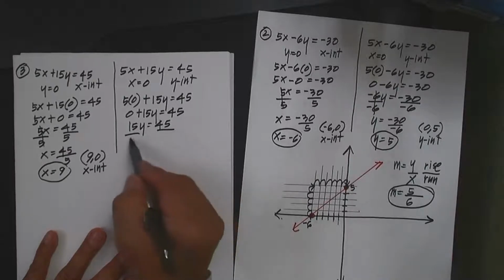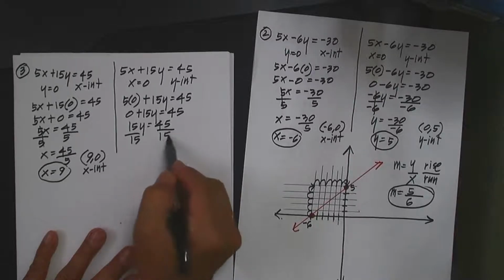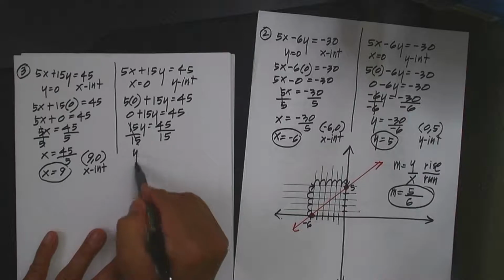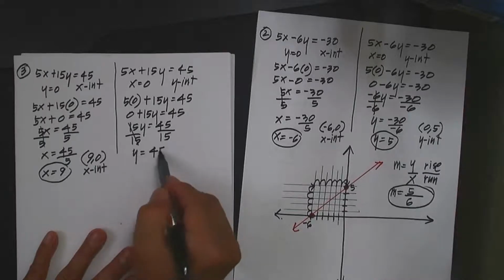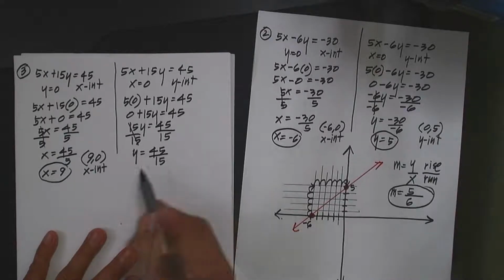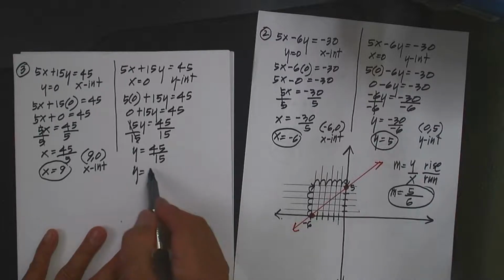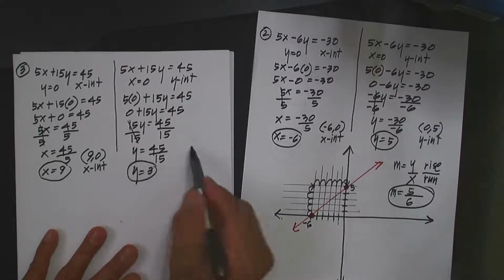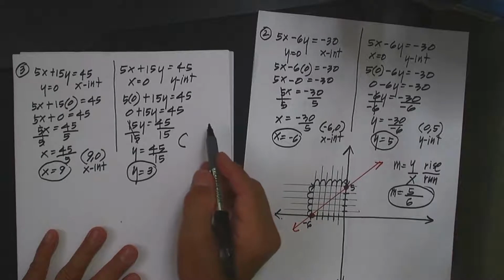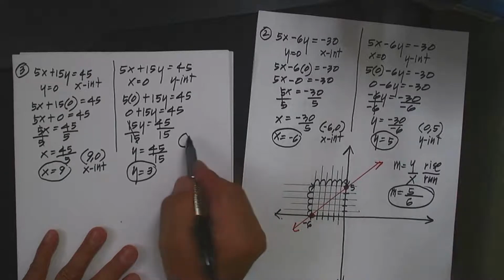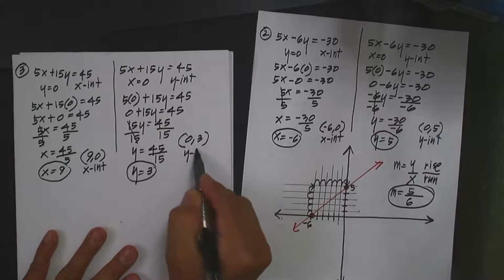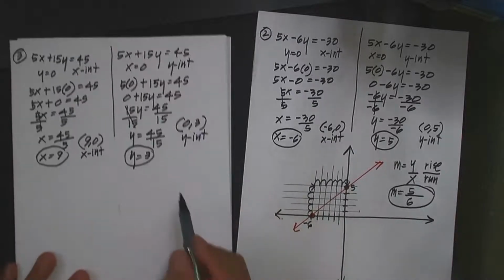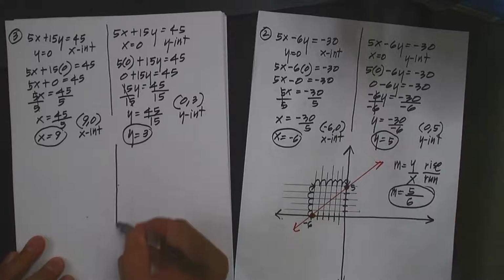Divide both sides by 15 so that you can eliminate 15 and leave only the y. And then you ended up with 45 over 15. So when you divide that, your y becomes 3. So therefore, the coordinate for your y-intercept is 0 and 3. That is y-intercept.